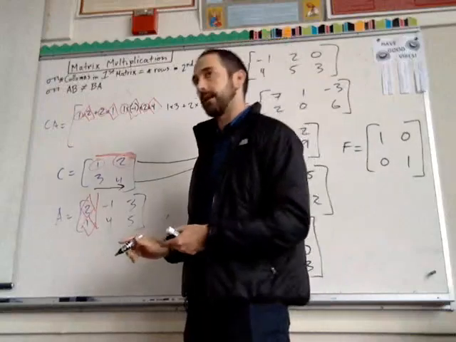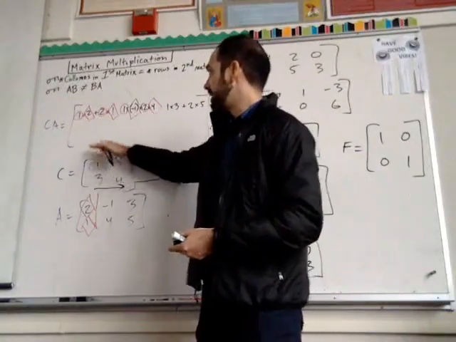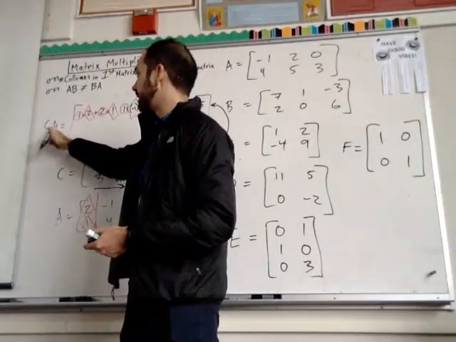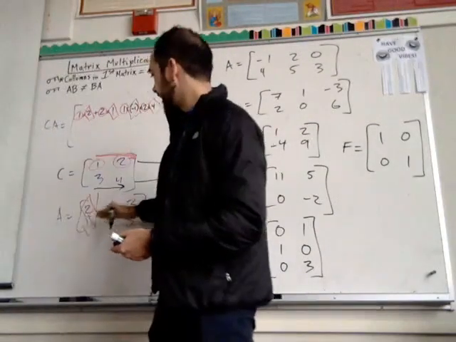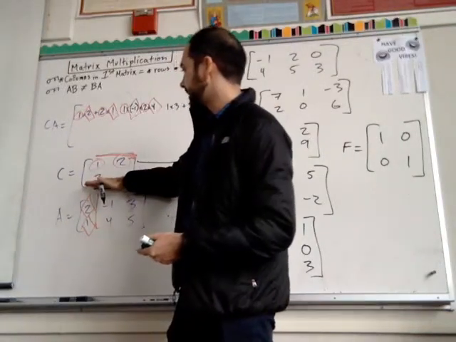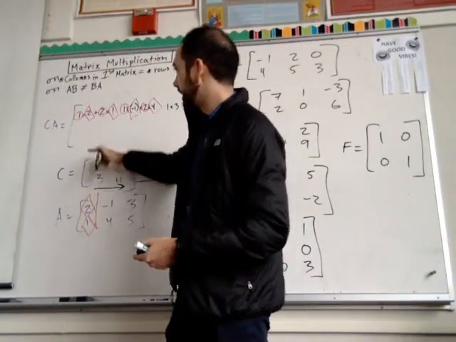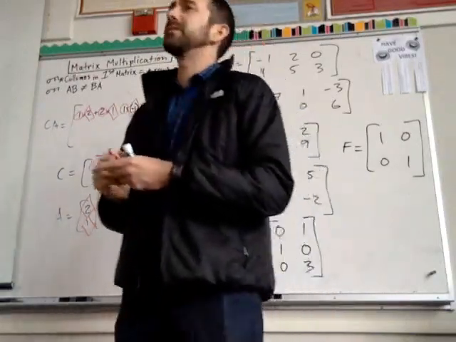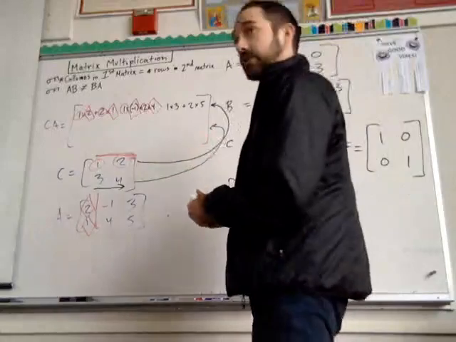And again, it's going to be the same thing. Row 1 is a part of all the entries of row 1 within CA. Row 2 of CA is going to be from the entries from C, the row, and the columns for each of those. We have to do it a few times. I know that first time through it's tricky.